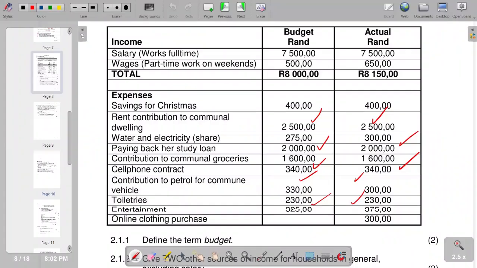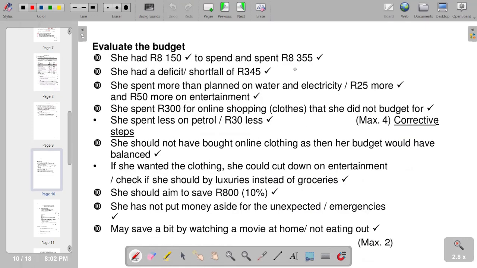It means the actual income is 8,150, but then what was actually spent, we are going to add all the expenses that we have and see that the total that you are going to get will be 8,355. So it means what was spent was more than what she had. So that's how we can analyze it, and then this will result in a deficit or a shortfall of 345. So this becomes a shortfall of 345.